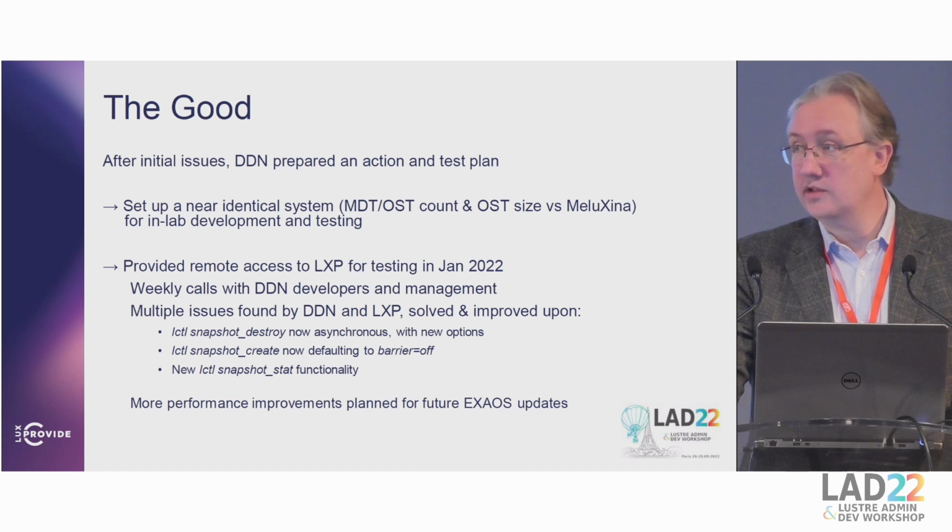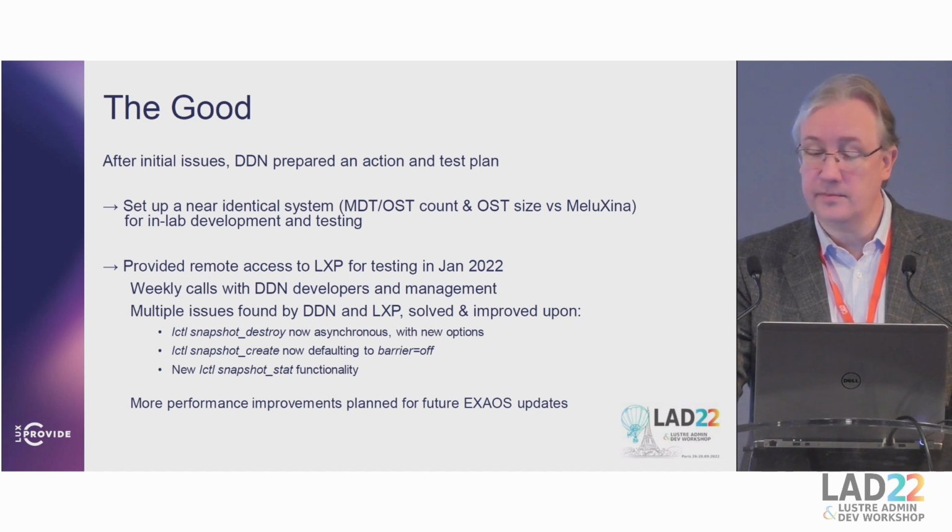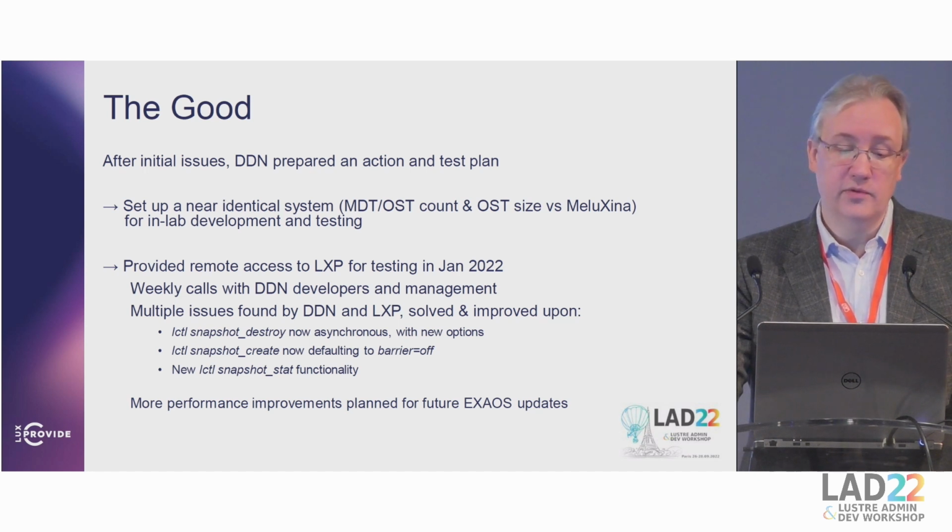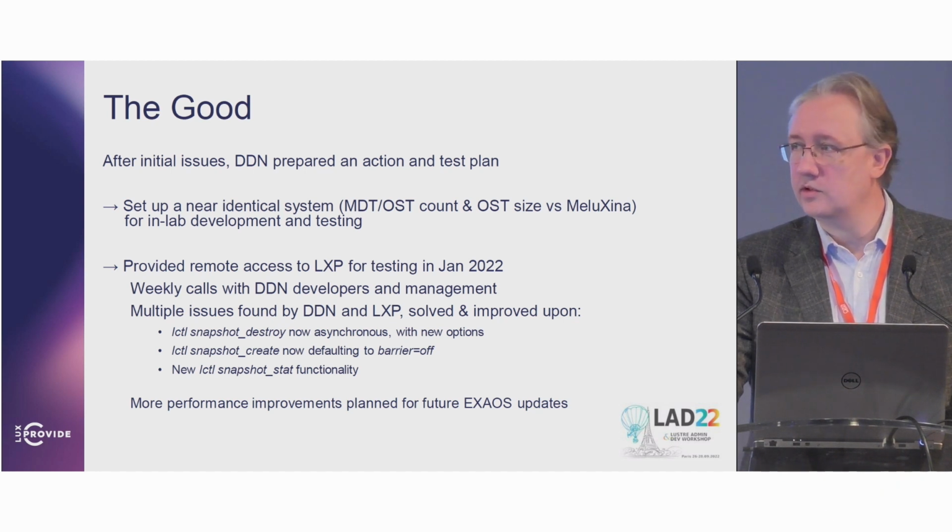They also provided us access to this test system via VPN. They provided weekly calls with DDN developers, DDN cloud developers, and DDN management. During these tests, multiple issues were found. I think that they created about a dozen internal tickets or something like that for new issues discovered during this time period.